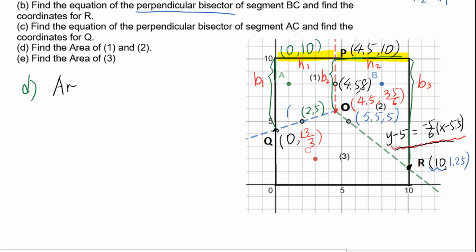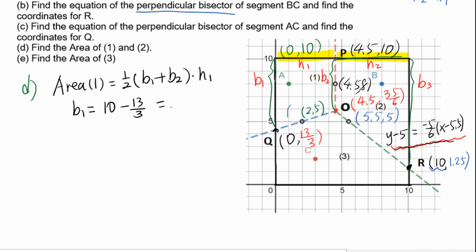So for the area of 1, that equals 1/2 times (B1 plus B2), then times H1. So for B1 equals 10 minus 13/3. You will get 17/3 by calculator.